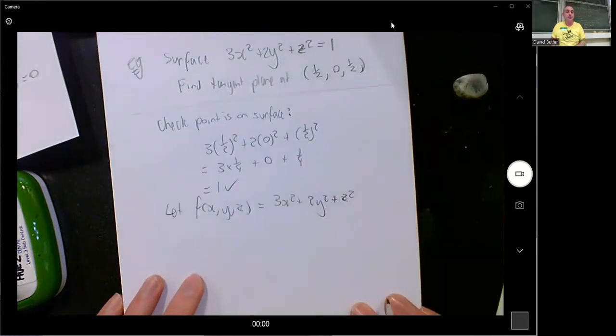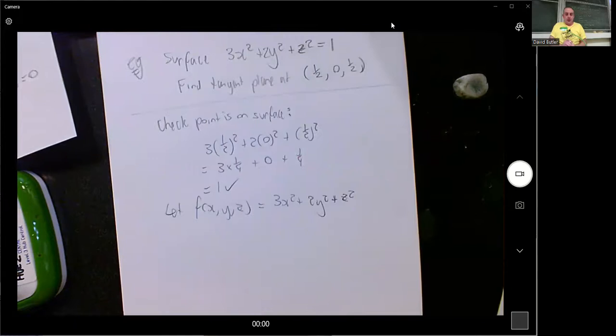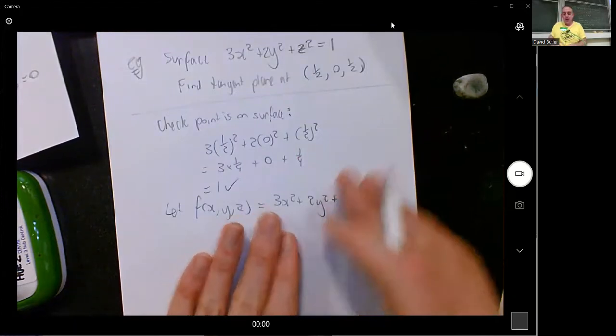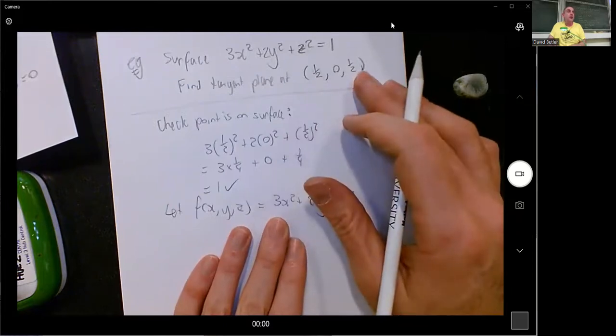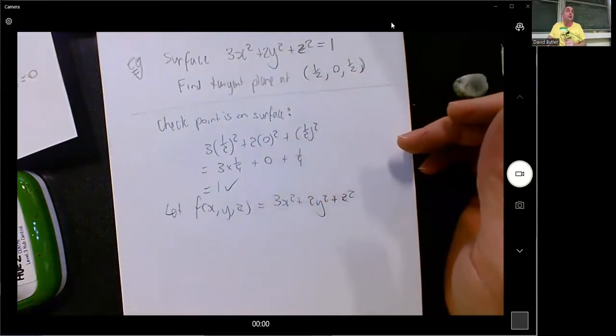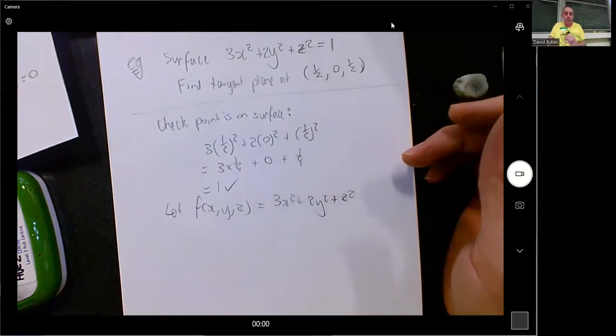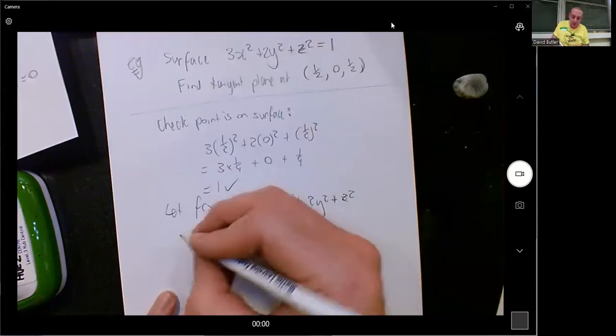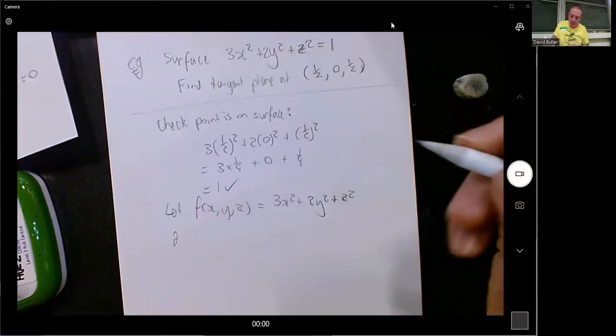And I'm going to imagine that if I move away from the point 1/2, 0, 1/2 a little bit, then the function value won't change. So when I combine the derivatives with how far I've gone, it should produce 0. So I'm going to go f on dx.